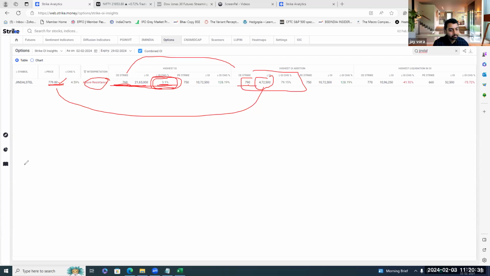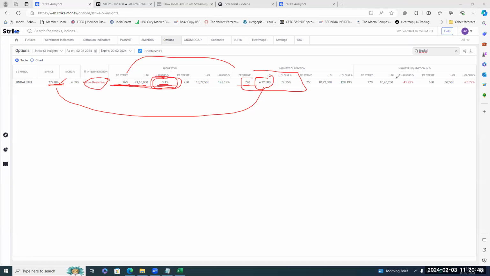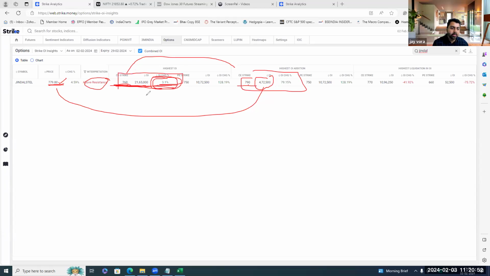As I would see, when you go to the highest liquidation part, the 770 call got the highest liquidation and the addition got into 790. Correct. I would see that the call is highly open, so it is possible that this will cover, right? Correct.